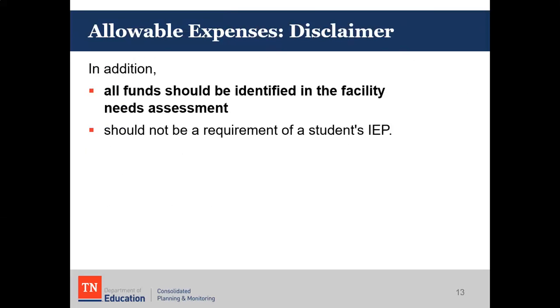One of the big things to highlight is that all of the funds should be identified in the facility needs assessment. So to give you an idea of how we do this, when you finish your needs assessment, you're uploading that to ePlan. When we review your CFA, we pull up the needs assessment on one page, we pull up the narrative questions on another page, and we pull up the budget on a third screen, and we look to see that there's alignment between the three.